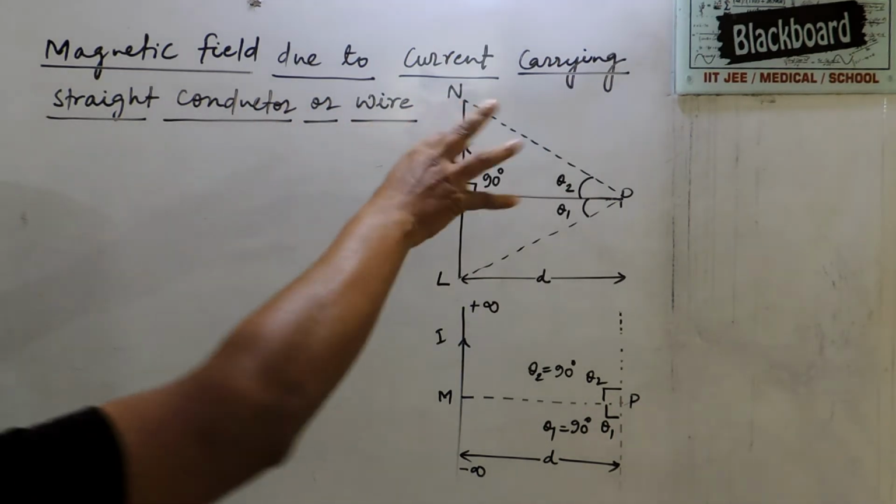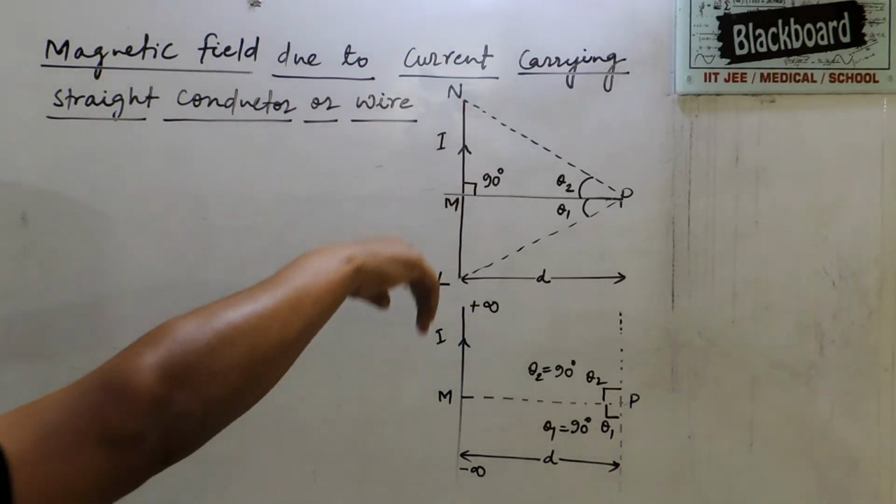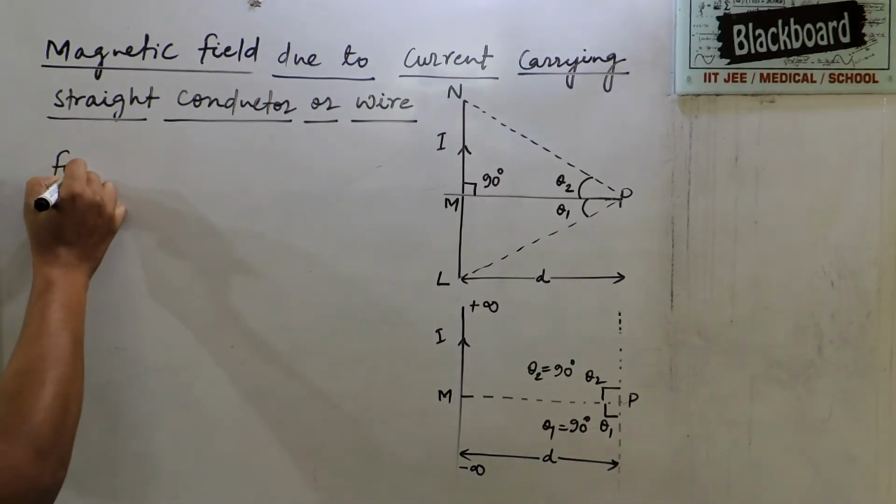Now the magnetic field due to a current carrying straight conductor or wire. This is a wire, and in this case the length of the wire is finite.